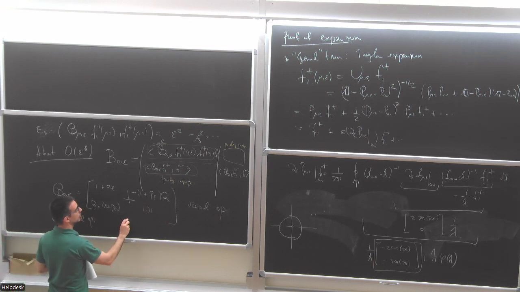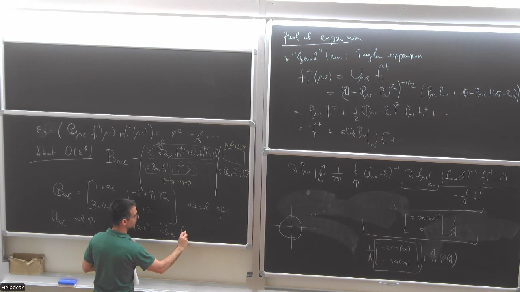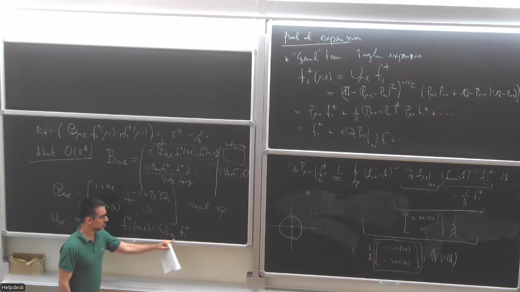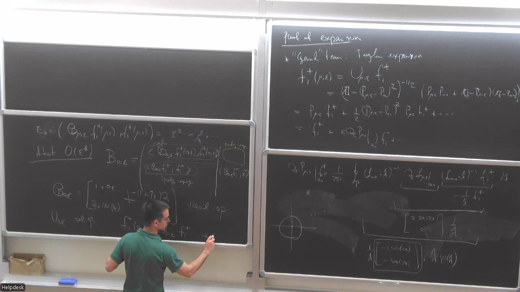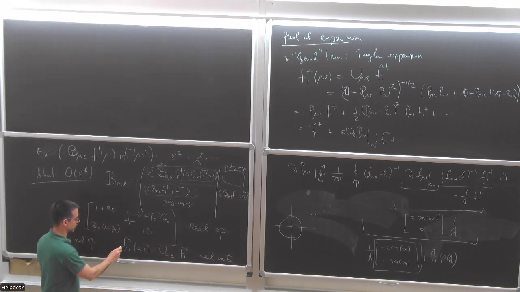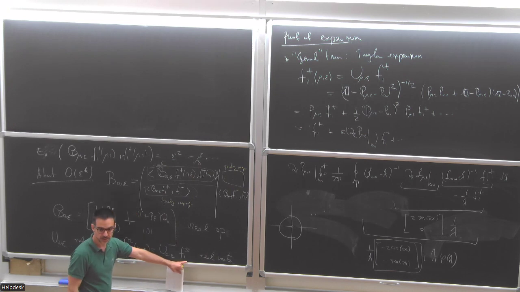Okay, but then what is F1 plus 0 epsilon? This is U 0 epsilon applied to F1 plus. So this is a real vector, this is a real operator, and so this is a real vector. And the same for minus, because also F1 minus was a real vector.